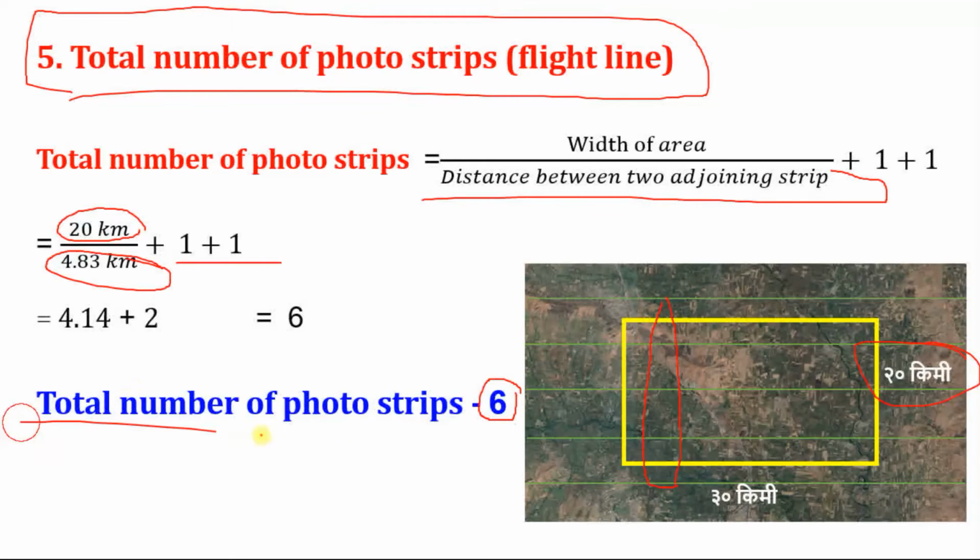The total number of photo strips is 6. So 1, 2, 3, 4, 5 and 6. These 6 photo strips are required here to cover all the area.